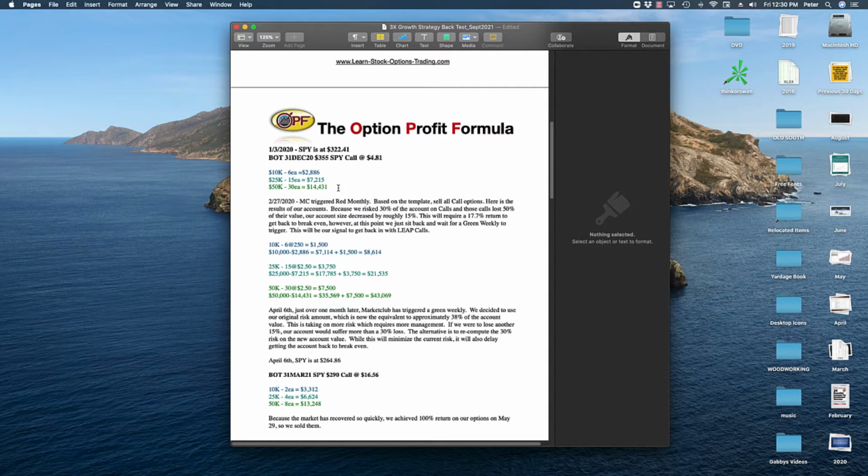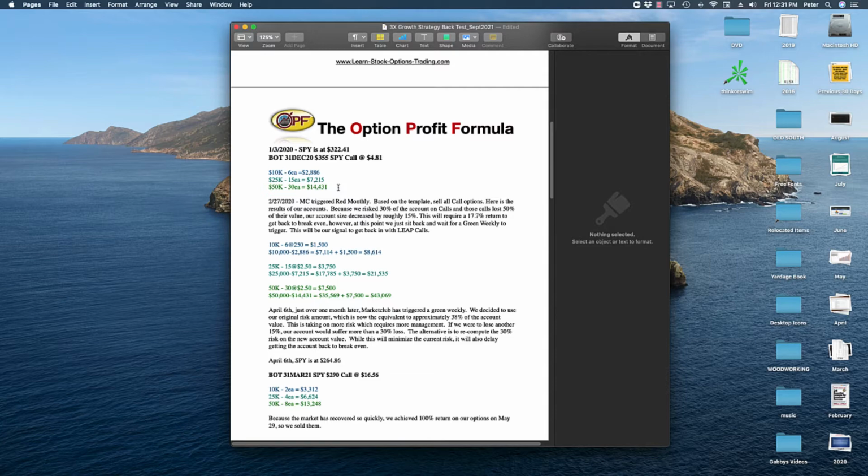It's not a requirement, but it's well worth the small little investment it takes to be a MarketClub member. So I used MarketClub because our 3X growth strategy does use MarketClub, even though it does show you how to use moving averages. So MarketClub is what I use to basically get in and out of my trades.